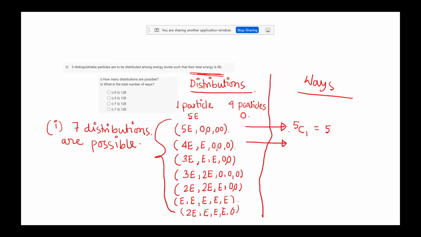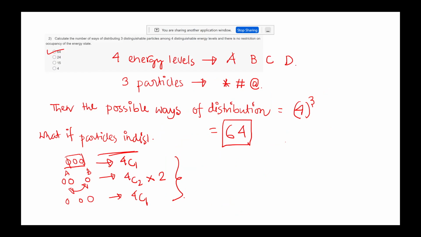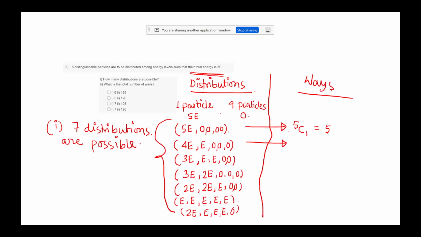In this one, I can apply the reverse trick, that three energy levels should be empty. I have done this kind of problem, so 5C3 into 2. Why 2?